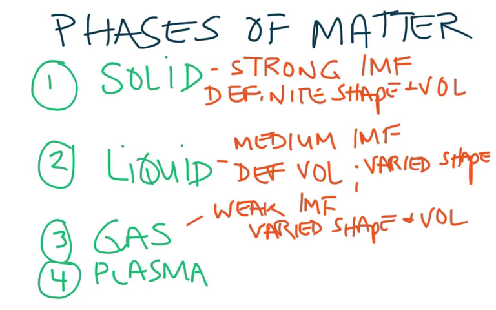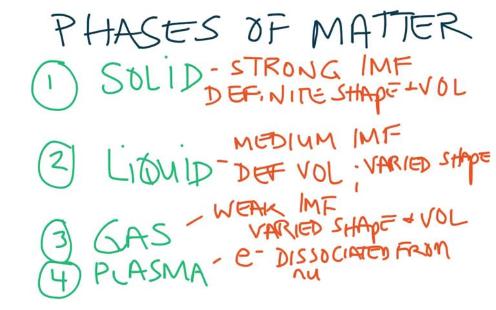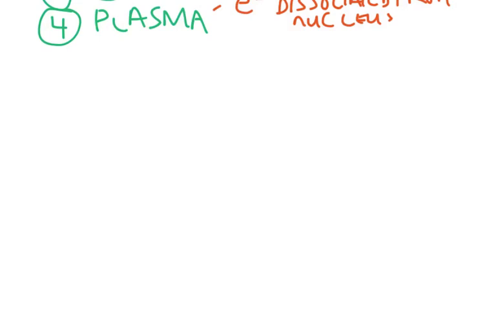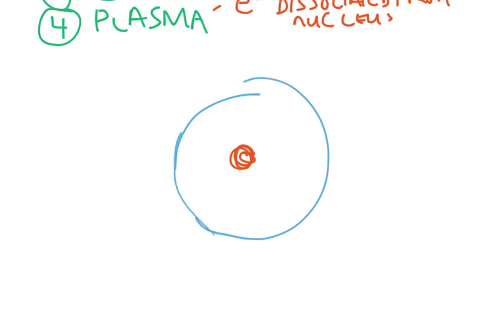Plasma is one we didn't get into earlier this year. Plasma, to kind of simplify it, is when you have your electrons dissociated from the nucleus. Okay, dissociated from the nucleus. So go back to that kind of traditional model of an atom that you see on different posters and different things like that, where you have your nucleus, and then around the nucleus, of course, you have your electron cloud, and you've got your electrons going in all those patterns.